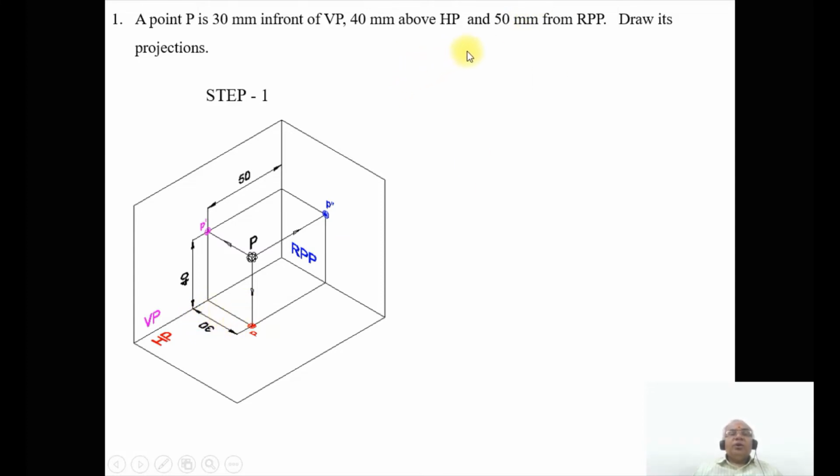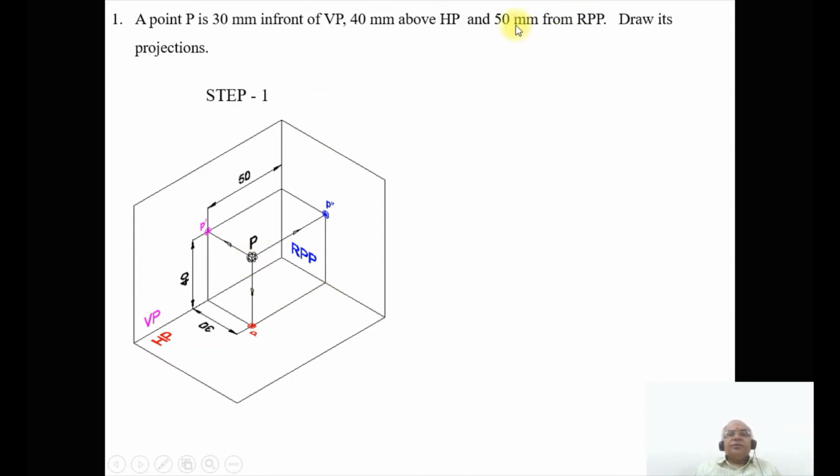Now, when you are considering the distance with respect to the profile plane, when you look from the top view, what happens? The top view is in line with the right profile plane, so we cannot see the distance. Similarly, when you look from the front view, it is aligned with that particular plane, so you cannot see the distance.